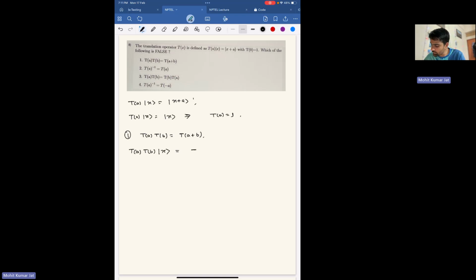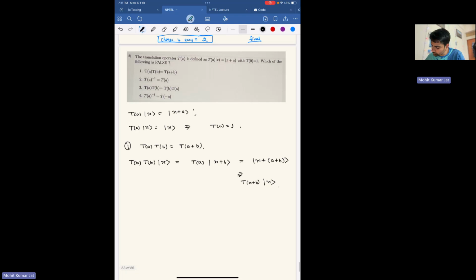It will give me x plus b. If I operate TA again, it will give me x plus a plus b. And this I can write as T of a plus b operated on x. So this means option 1 is true.